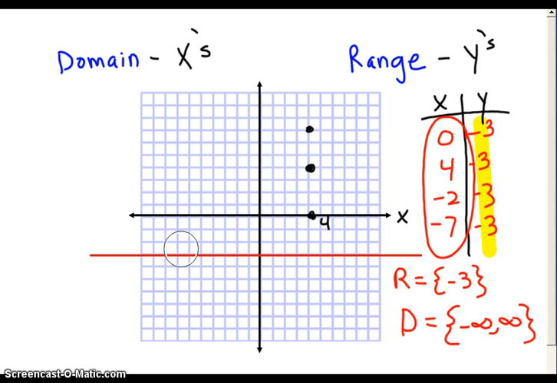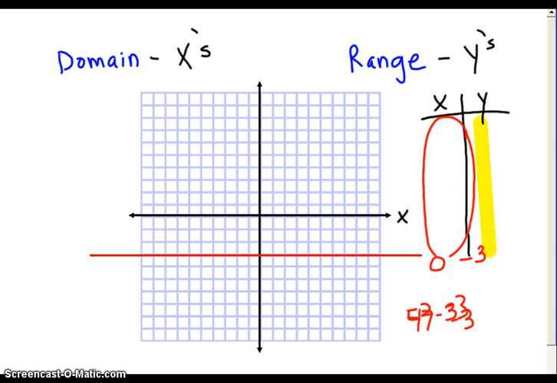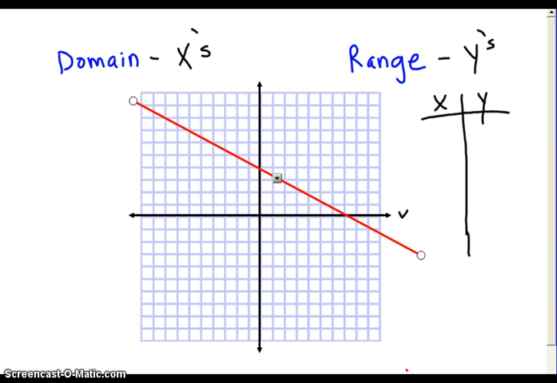We're going to look at one more graph, a graph that has a slope. If I take this graph and I give it a slope here, it crosses x at 5, and it crosses y at 3.